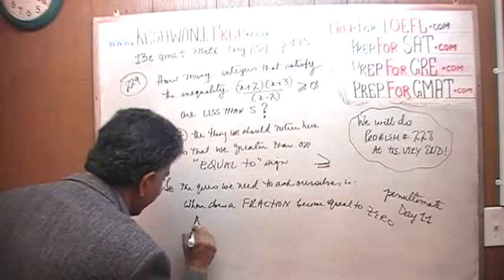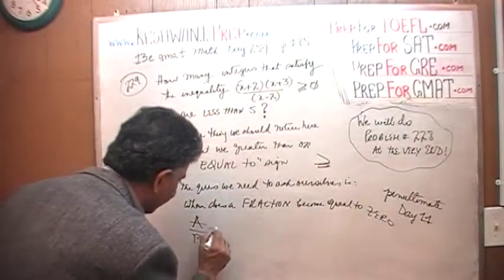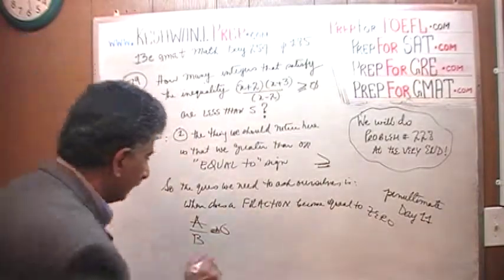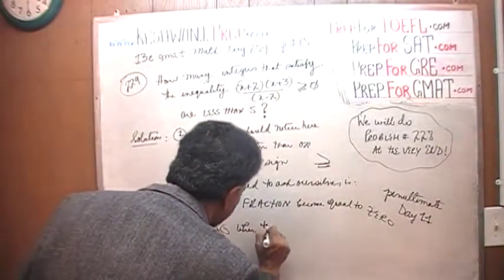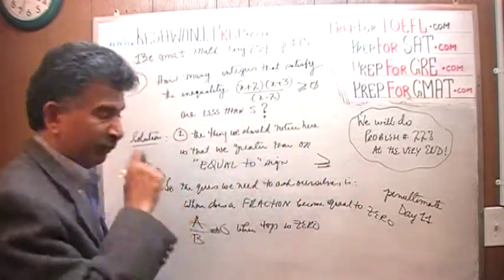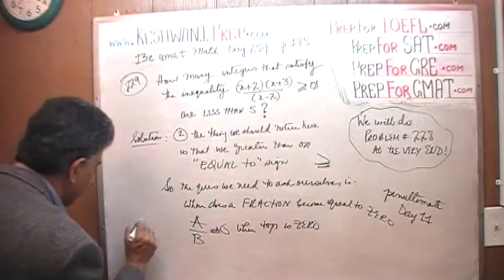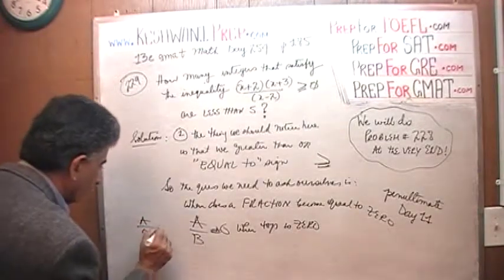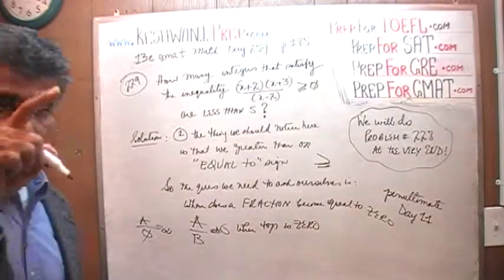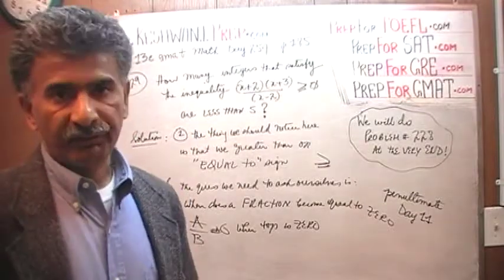If you have a over b, how can this fraction equal 0? The answer is when the top is 0, when the numerator is 0. The bottom cannot be 0. If the bottom were 0, a divided by 0 would be undefined. A fraction becomes 0 when the numerator becomes 0.